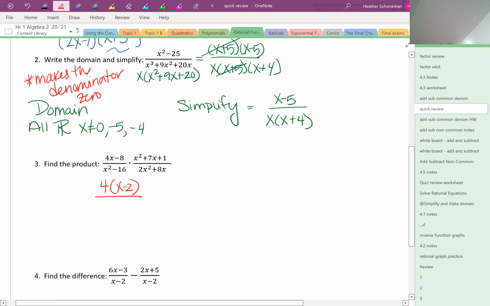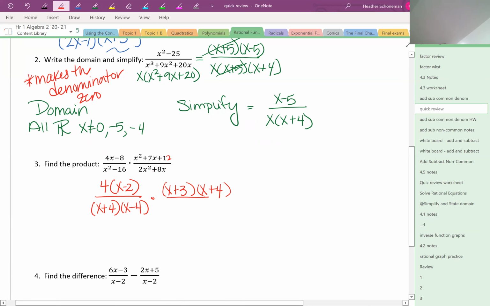On the bottom, x squared minus 16 is going to be x plus 4, x minus 4 times, oh, this is supposed to be a 12. I apologize. Okay, so now I need two numbers that multiply to 12 and add to 7. Well, that would be 3 and 4.